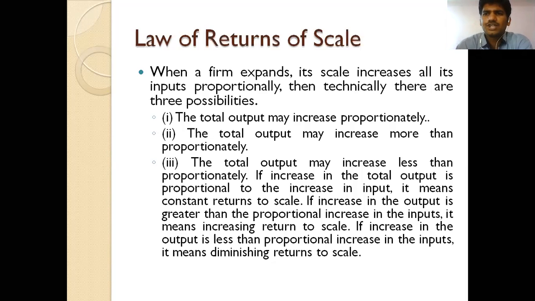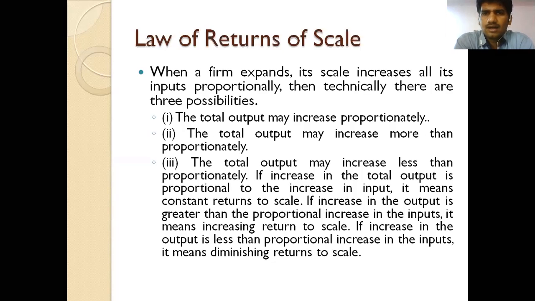Diminishing means changing, so the changes need to occur. That is given by isoquants. So we are going to change when we have immediate changes in inputs. What are the immediate changes that occur in output? Then the output is going to change.